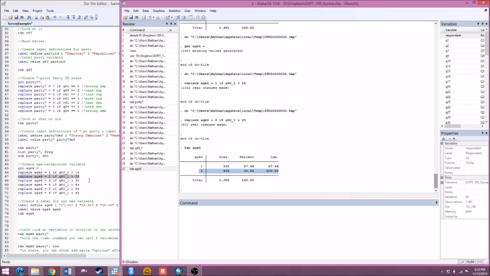But maybe we have some ideas that people who are 25 to 35 are different from people who are over 60, but who are also different from people who are in college, right? And so maybe we want to create some more variables.